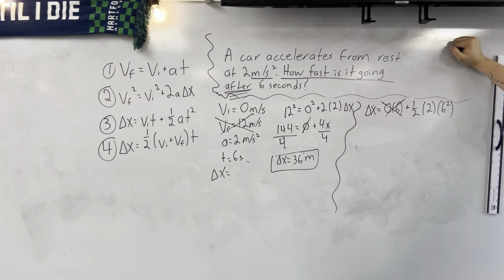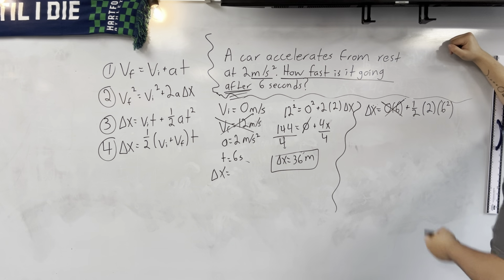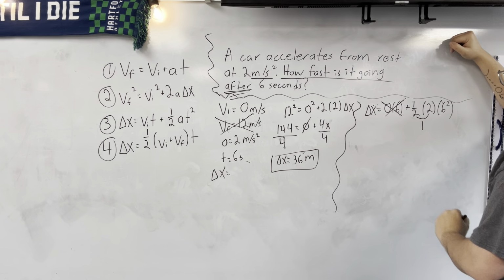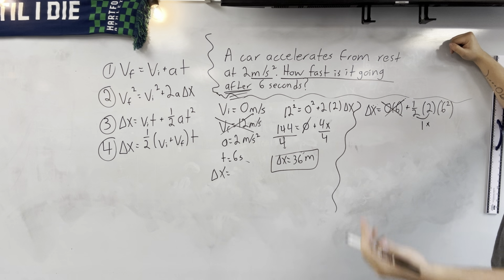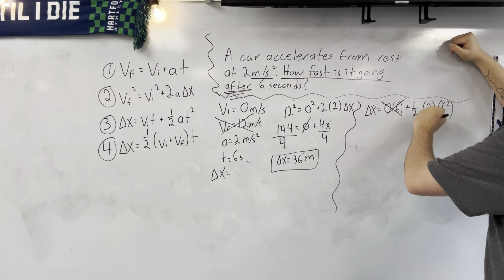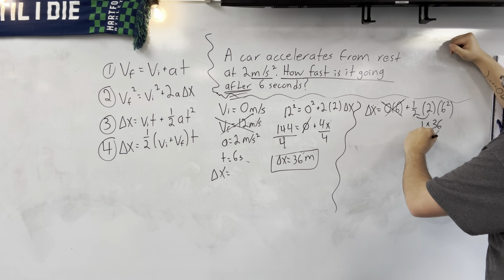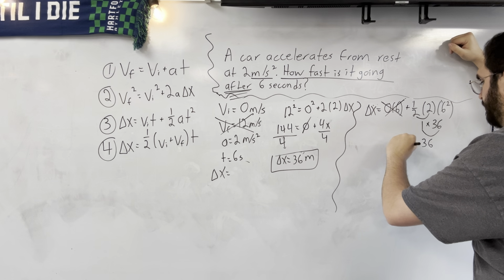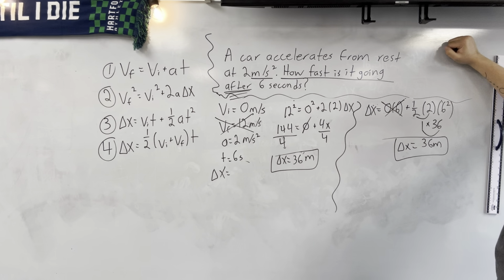Now, thankfully, this mess kind of fixes itself. 1/2 times 2, aka 2 divided by 2, it's just 1. That's going to be multiplied by 6 squared. 6 squared, when you do that in a calculator, 36. 1 times any number is just itself. So therefore, delta x equals 36 meters. Bada bing, bada boom, it all works out.